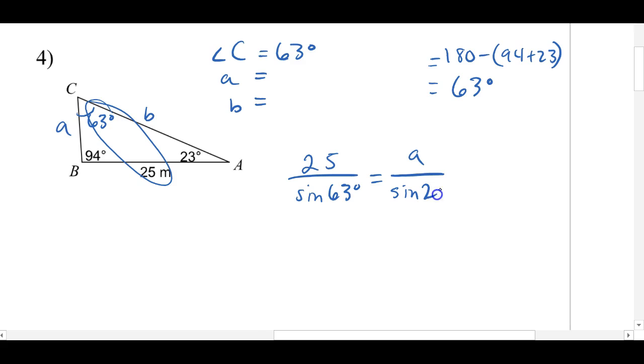So put that sine of 23 over sine of 23 because the 23 is the opposite angle. And now we'll cross multiply. And again, I have A over here, so I can just multiply this sine of 23 and put it up here. If you notice, I started with A on the right instead of the left, like I did before with the variable, but that's okay, you can switch it.